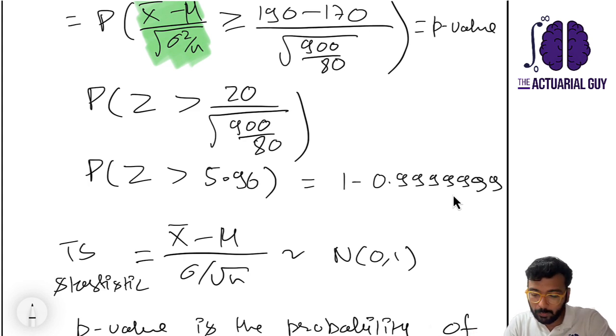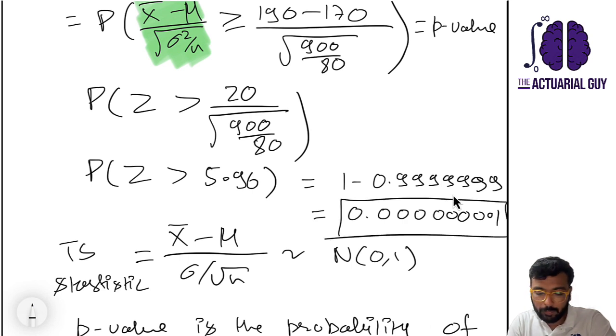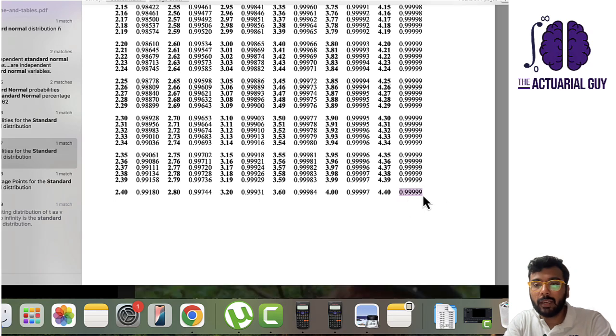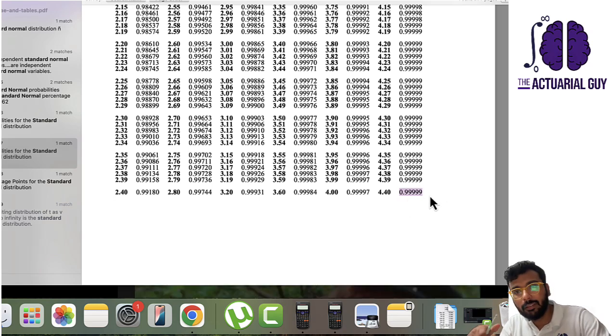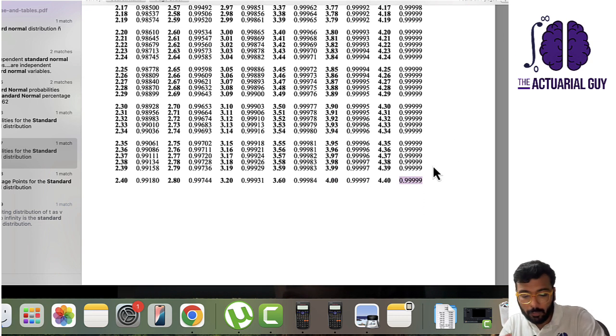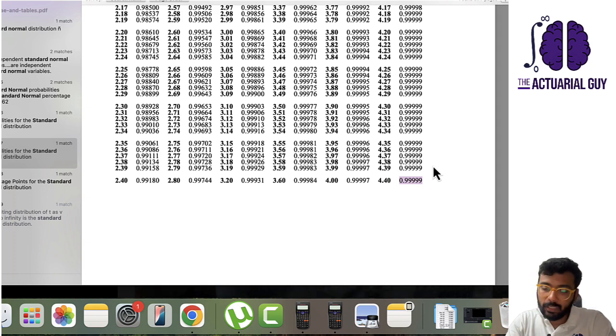So the p-value would come out to be 0.00000001 or something like that. We can't even know because 5.96 is not in the tables. The last value you have is 4, where the value is 0.99995, and before this it's 0.999999 for so long. So this is just like an extreme tail.